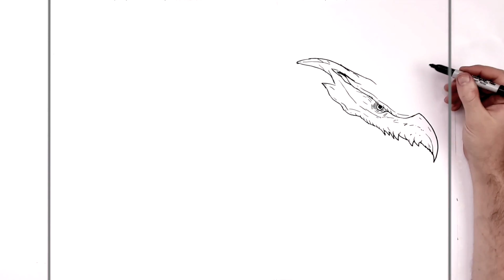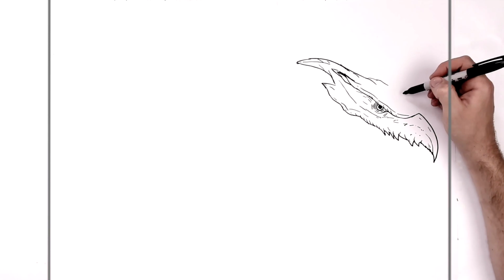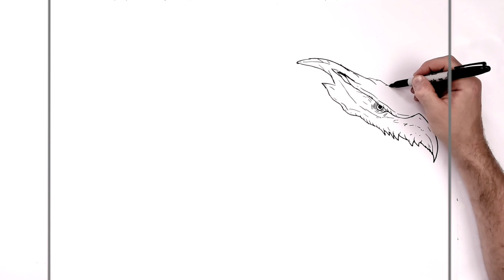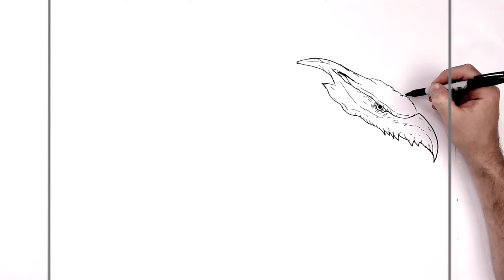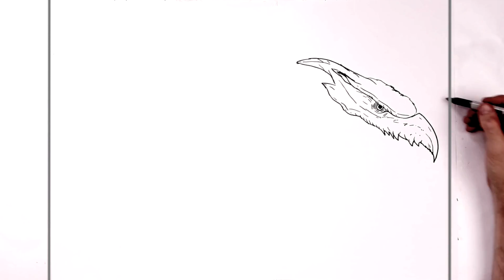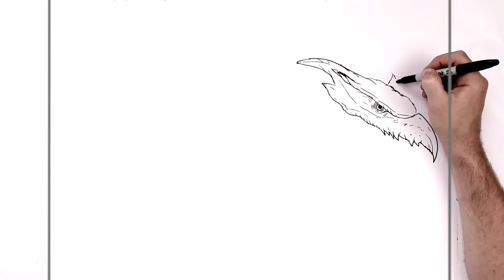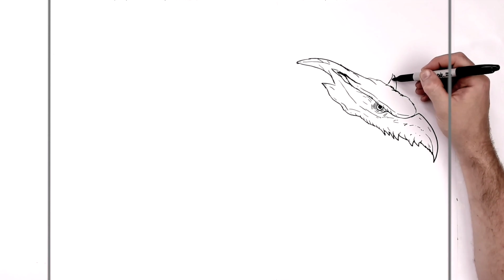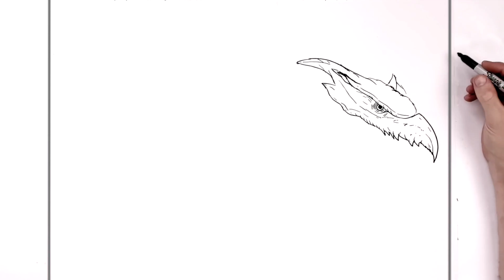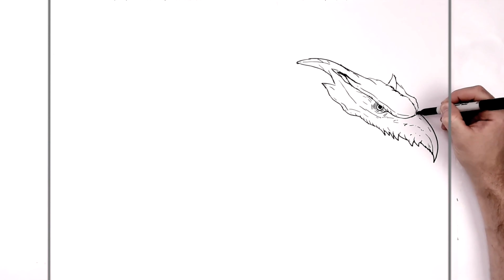Right, so then the middle of his head comes back into here. So we got these sort of bumps, like the top of his skull, down around into there. And then we have what looks like a horn sticking up here. I think it's this side of his head. So we have a little horn that sticks up here, and that's it sticking up over this side. And then his eyebrow or brow on the other side of his head, just here.